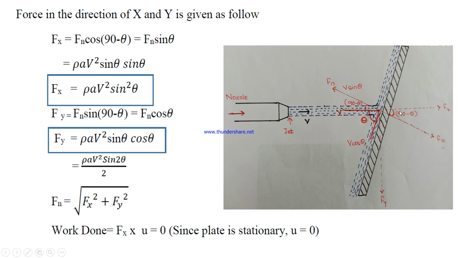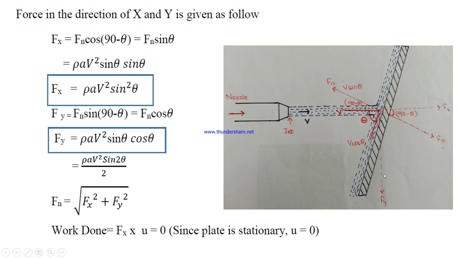Cos(90 minus theta) can also be written as sin theta, and the Fn value we have already calculated is rho A v square sin theta. So the value of Fx will be equal to rho A v square sin square theta.